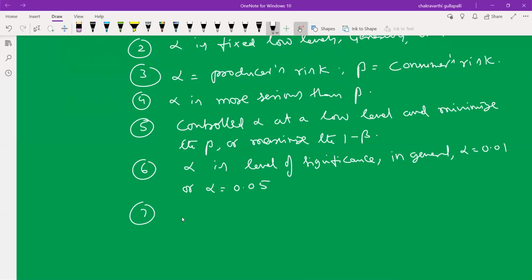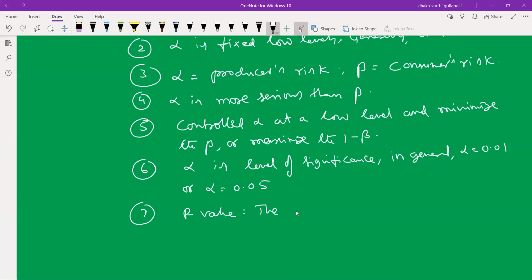In advanced research methods, we apply different statistical software like SAS, SPSS, or Minitab. So here we use the p-value. The p-value is the probability value of the test statistic. Based on the critical values, we have to calculate these p-values.